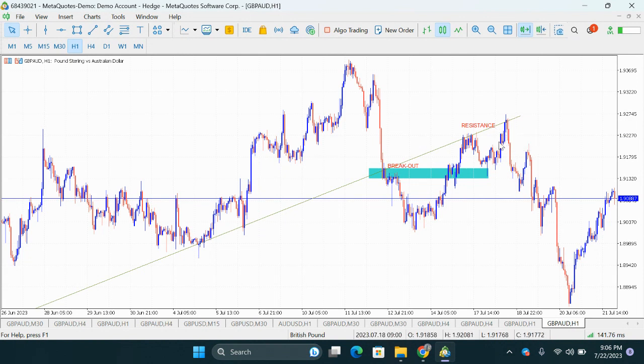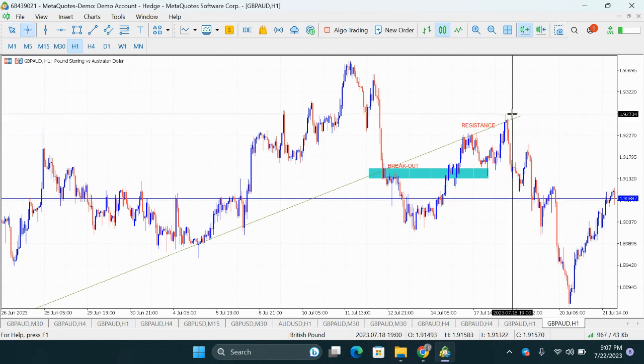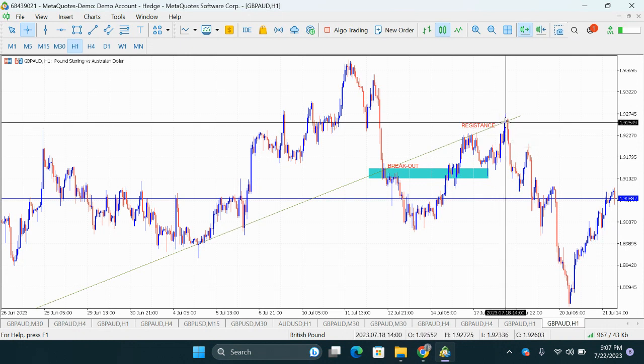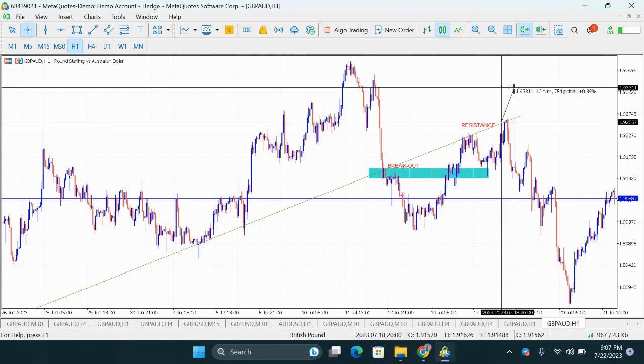Now, as I was saying, if price actually hits your break even, it will be in profit. Once it hits it, you don't need to sell again. Just patiently wait for the market to test this trend line again, which is acting as our resistance. So it is still in the resistance until the price breaks this resistance and goes up.